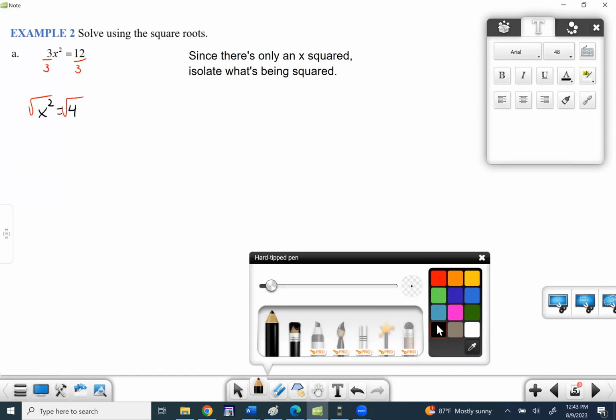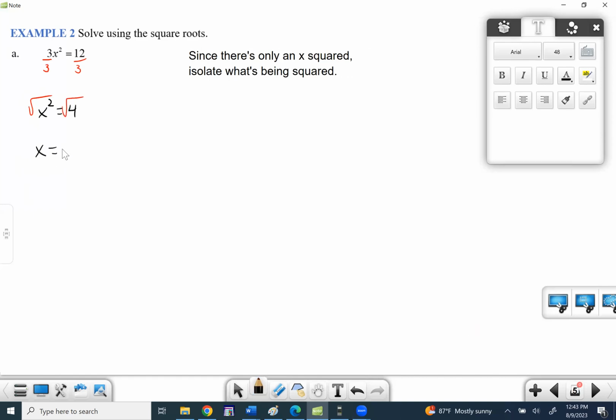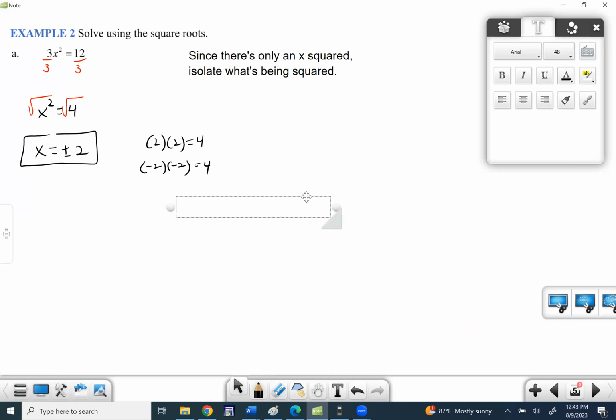Now remember we said, don't forget plus or minus before you square root. Remember, 2 times 2 is 4. But so is -2 times -2, because a negative times a negative equals a positive. And if you do that check that I told you to do, then you won't mess this up, okay?